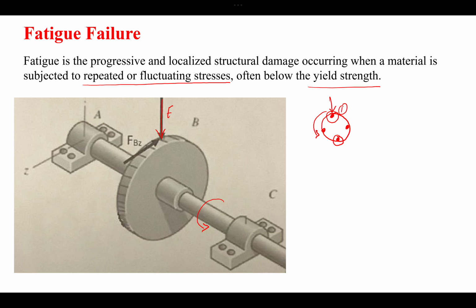Okay, so on point 1 initially the force, let's say it was applied something like this, but when it is at position, let's say A, okay, then the force applied is totally opposite. Okay, so it is kind of a cyclic loading applied on this shaft. So when this is the case, the failure that occurs is generally known as the fatigue failure, because the force applied is actually repeated, it is cyclic, and it is progressive.